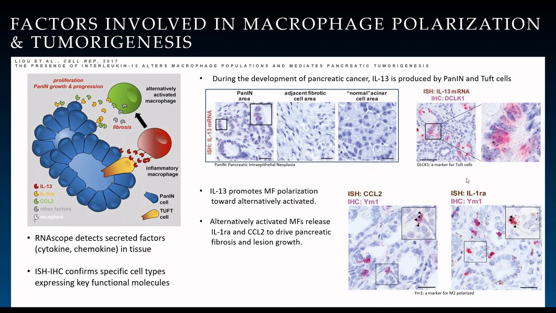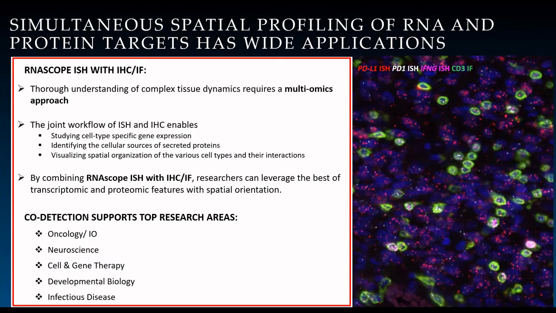Using the ISH-ISC technique here, they were able to identify IL-13 producing cells and use the IHC marker to mark those tuft cells in this case. So these IL-13 producing cells cause polarization of macrophages, and these polarized macrophages in turn produce IL-1RA and CCL2 to promote pancreatic cancer growth and fibrosis.